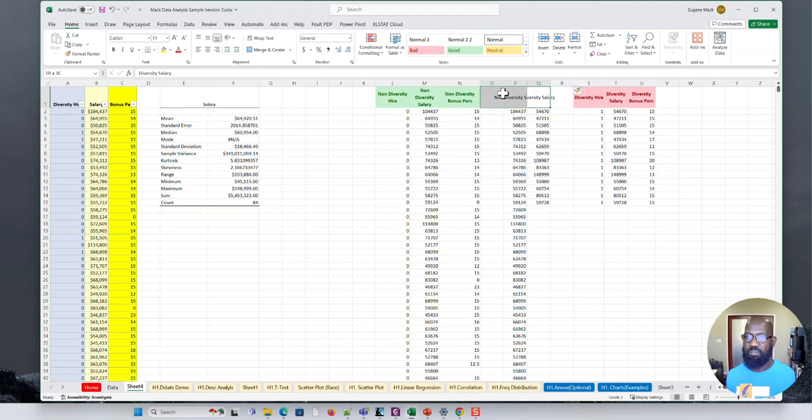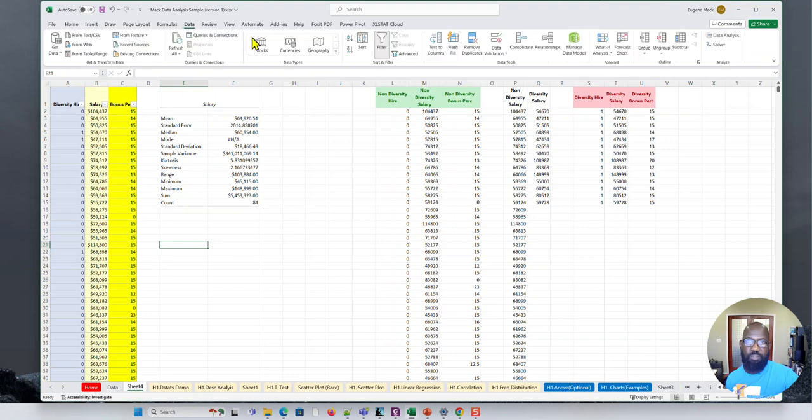So now I'm just going to do a comparison between the actual salaries of those who are diversity hires versus those who are not diversity hires. And I'm going to put the comparison over here.